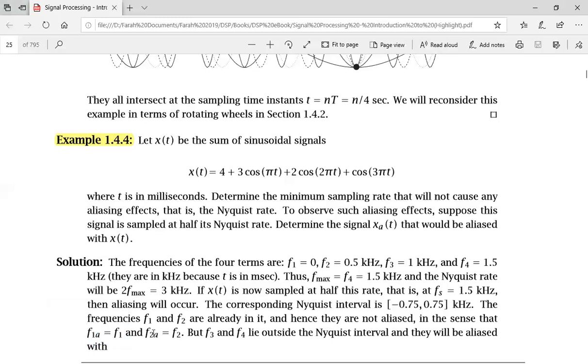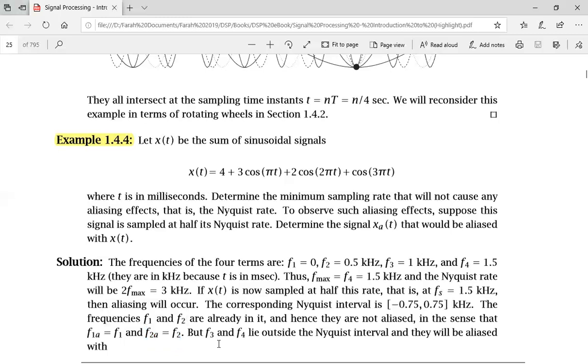And the same is the case for f2a equal to f2. Why? Because f2 is 0.5 kilohertz, and for this 0.5 kilohertz, the sampling of 1.5 kilohertz is sufficient. So the reconstructed frequency component f2a would be same as f2.